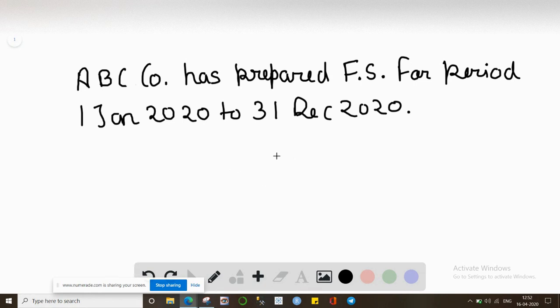Like a generic type of financial statements, we can have a very traditional format, which I'm going to use right now for the sake of simplicity.